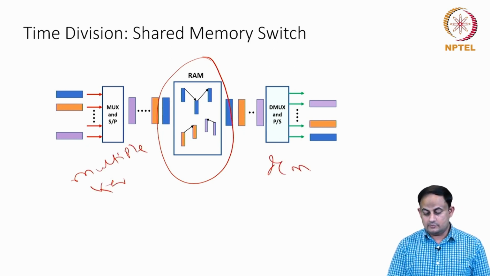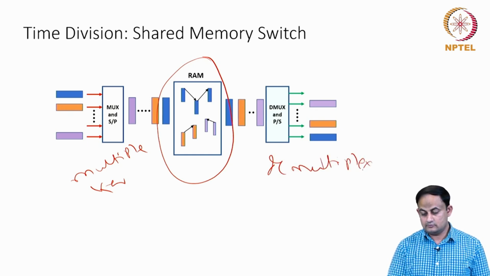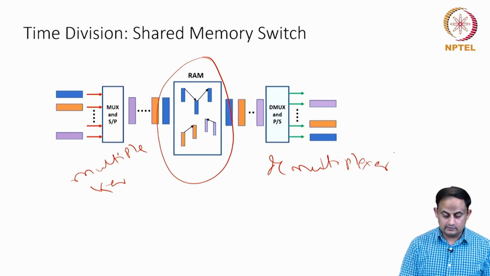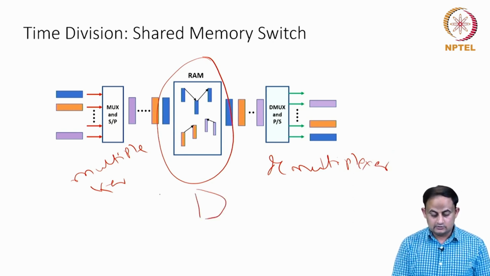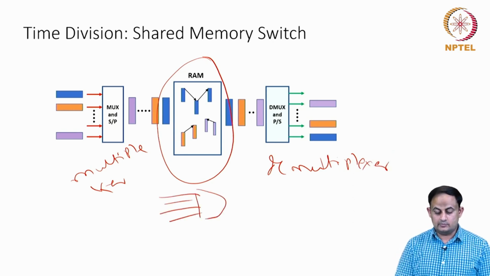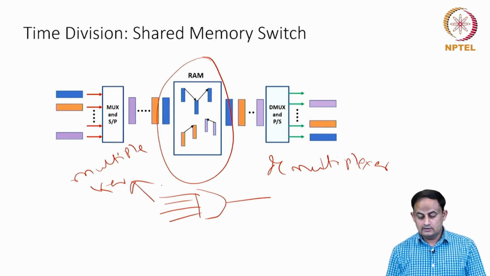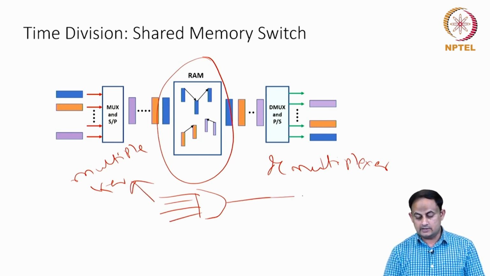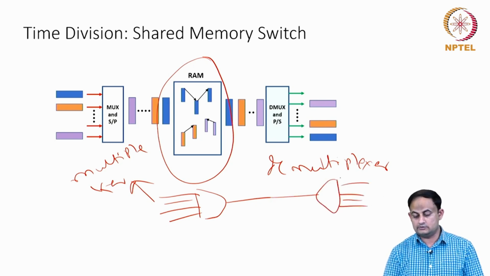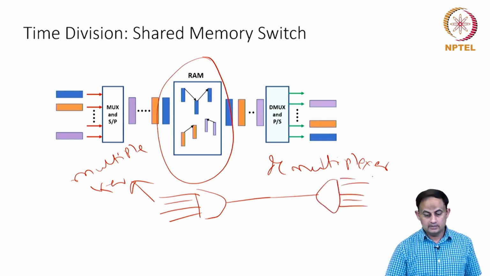The demultiplexer is on the other side, and you can think of something like this: many inputs are coming and one output is going. This is the multiplexer, and the demultiplexer is the other way around.